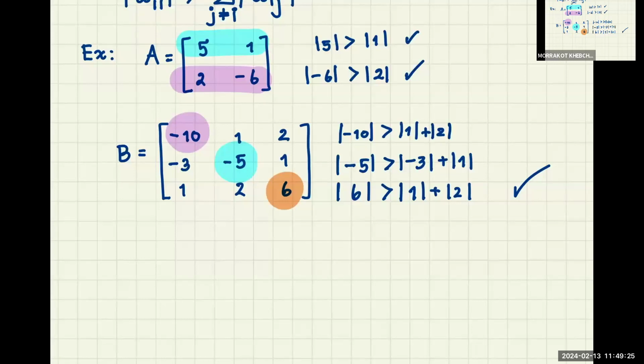They will say that if the coefficient matrix of your system Ax equal to b, okay?